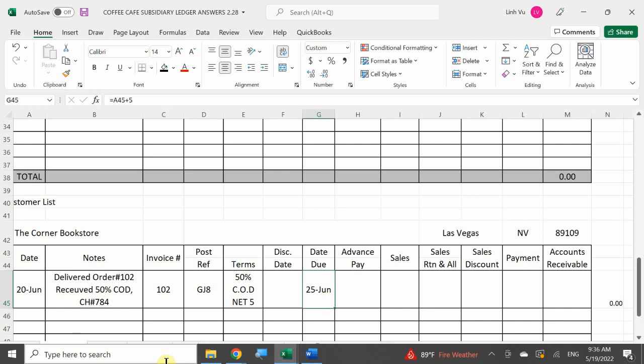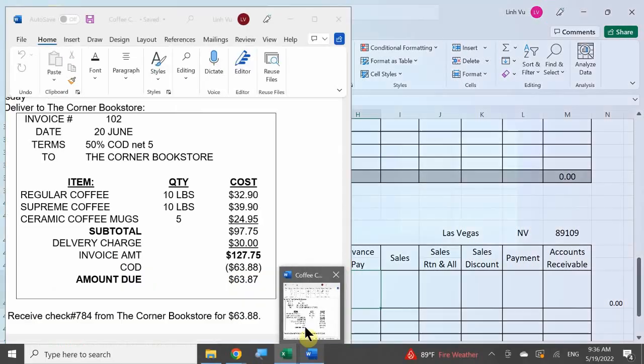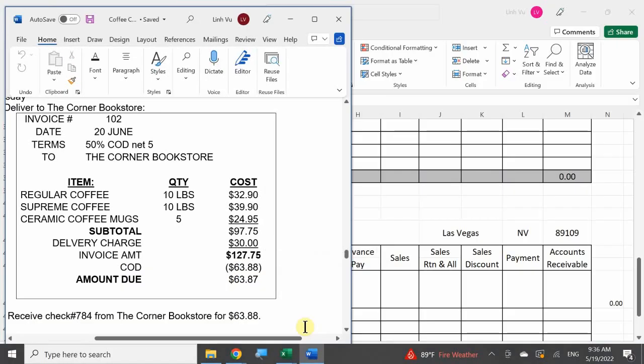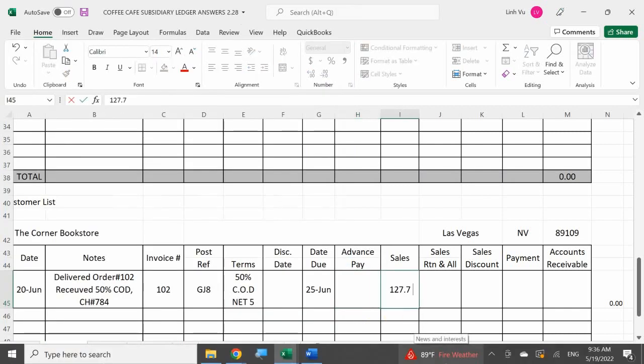So in this case, my original amount that I charged was $127.75. Okay? And I received a payment of $63.88.